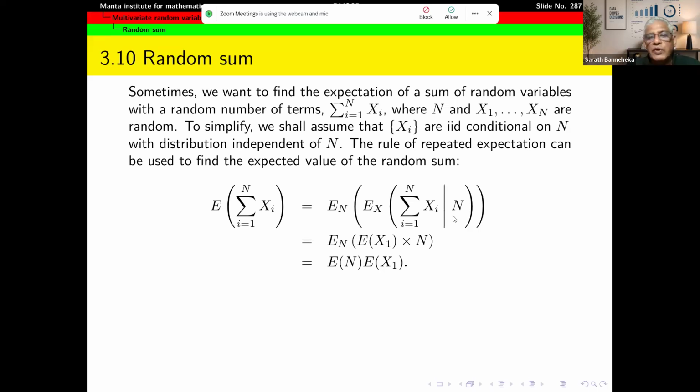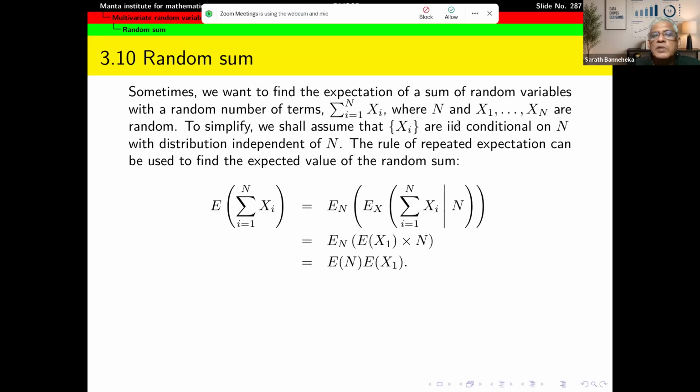For a given N, N is fixed, so we can consider this as a fixed quantity. In that case, the expected value of the sum of X1, X2, X3 up to N, where N is fixed, is equal to the sum of the expected values of N terms.